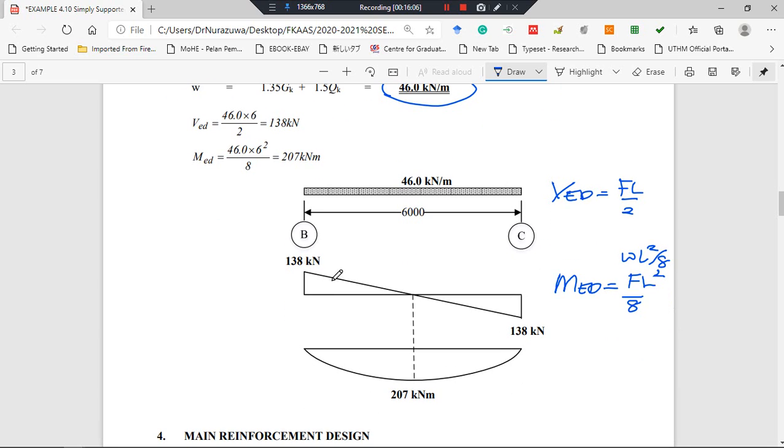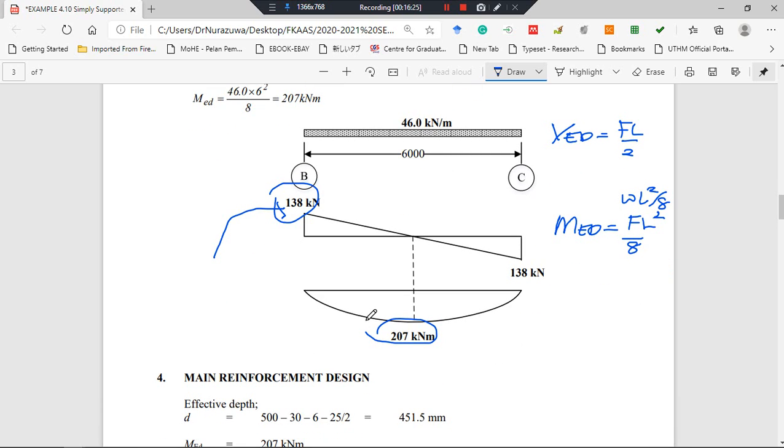So this is the maximum value for the shear. Later you will carry this value to the shear checking. This 207 is the maximum moment, and this is MED, which is used in the flexural capacity checking, and also to determine the AS, and AS prime if required.